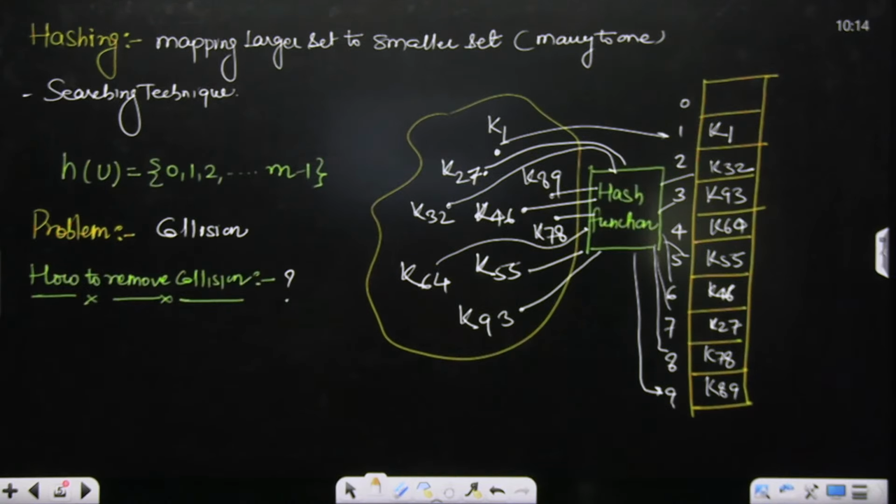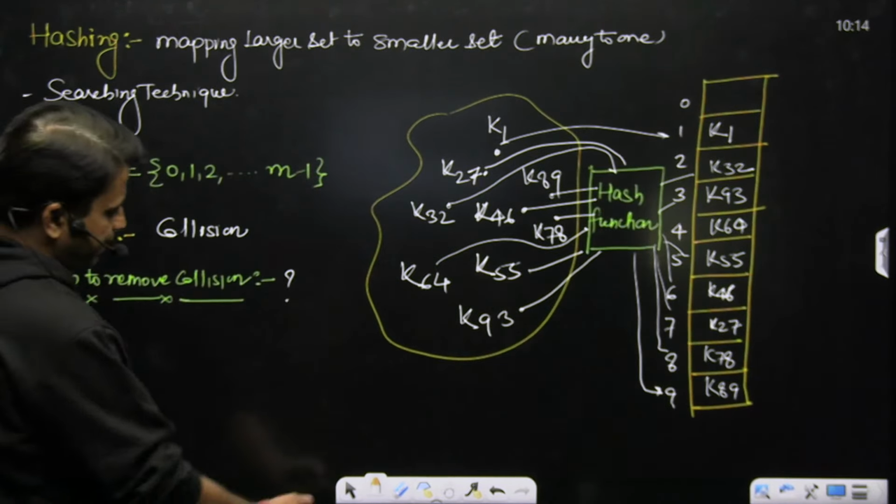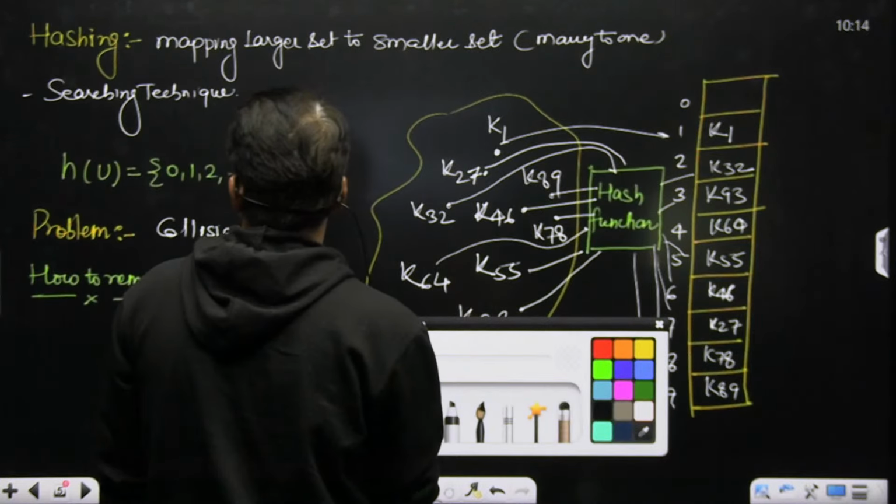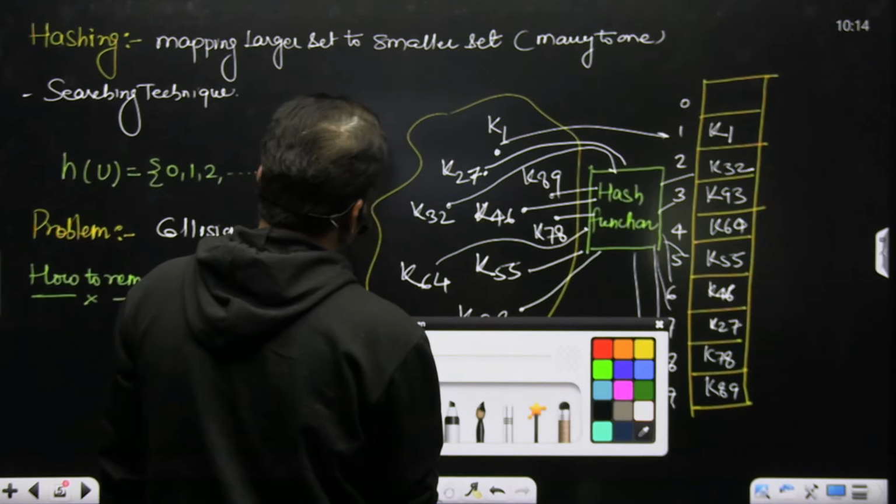Now next is hashing. Hashing is a searching technique. It is a mapping of a larger set to a smaller set.